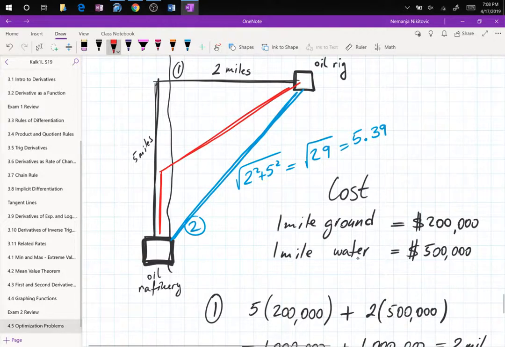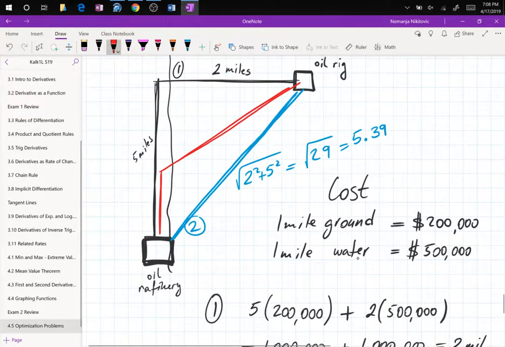We want to minimize the cost of the project. You have to minimize the cost of the pipe on the ground plus the cost of pipe underwater. Now this is where you make money, right? Because as I said, anyone can compute the black and the blue. It does not involve calculus.